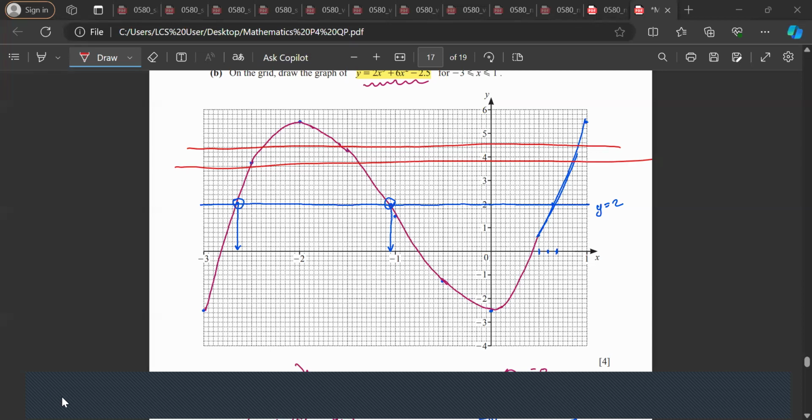Okay, so if you draw this horizontal line, it will pass through 3 points. Is there any chance to draw a horizontal line that passes through only 2 points? What do you think? Where should I draw it?